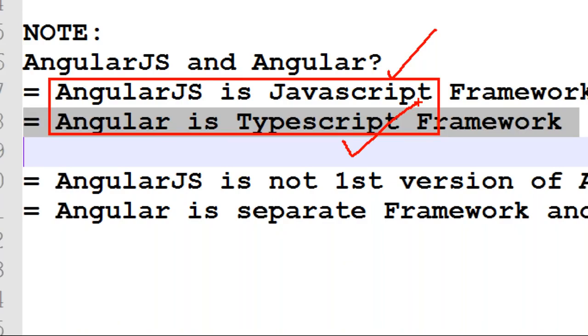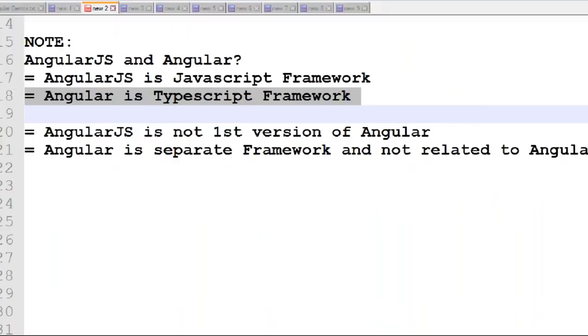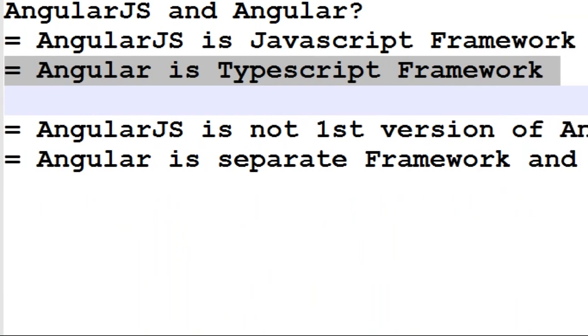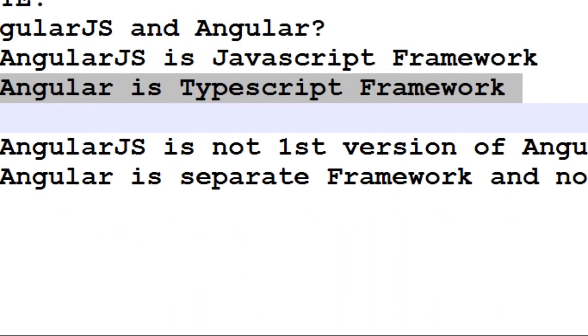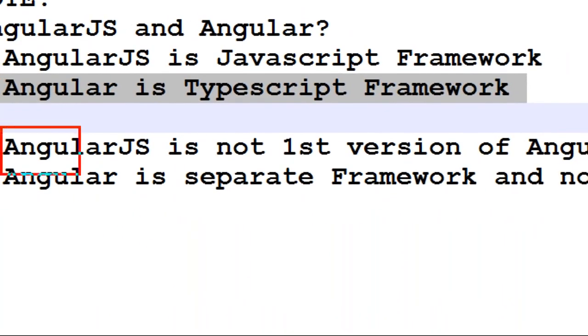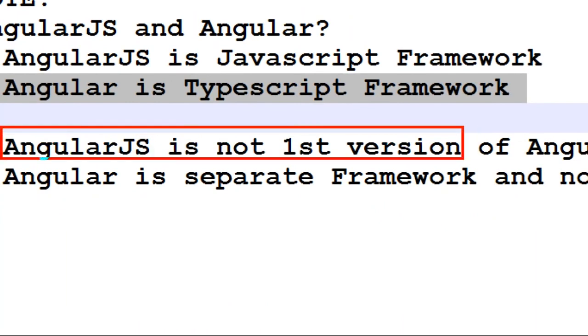Similarly, Angular JS is not the first version of Angular. Most people in the market understand this wrongly. They think Angular JS is the first version, but that is completely wrong. Angular is a separate framework, nowhere related to Angular JS.